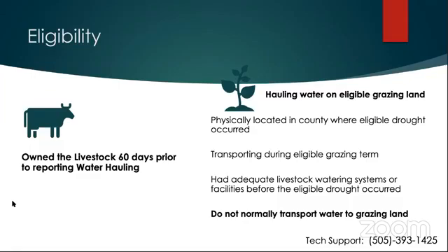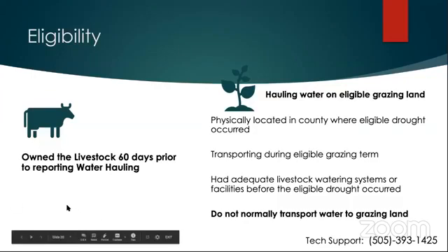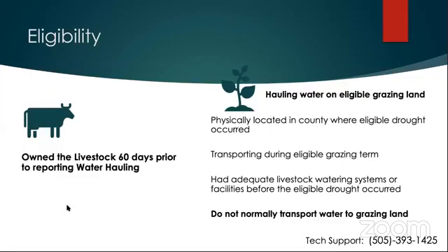The livestock that you're hauling water to has to be physically located in the eligible drought county. Like I just rattled off, San Juan, Rio Arriba, Taos, Colfax, and Union. I have a lot of producers that run in Sandoval and Rio Arriba counties, and their permits are almost split 50-50. I can't compensate them for any water that's being hauled into Sandoval County right now because Sandoval County is not at a D3.